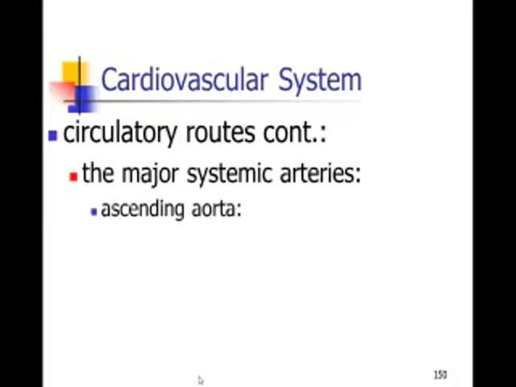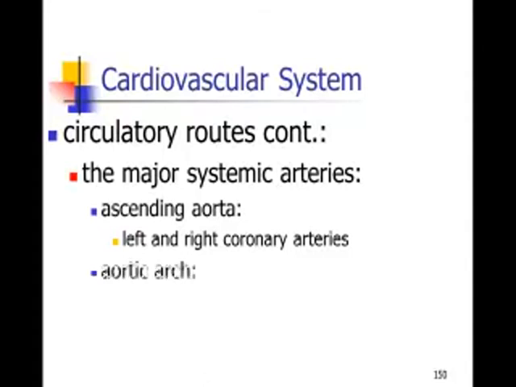So we have some major arteries, and again, this is pretty much straight anatomy, but we'll try to be aware of the more important vessels. We have, coming off of the ascending aorta, the left and right coronary arteries, which are important for bringing blood to the walls of the heart. Then we have the aortic arch.